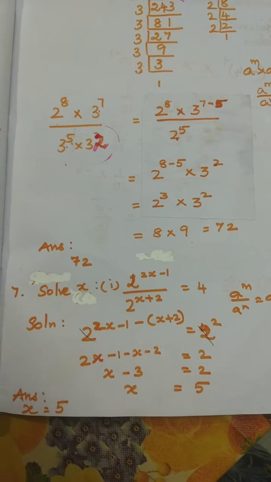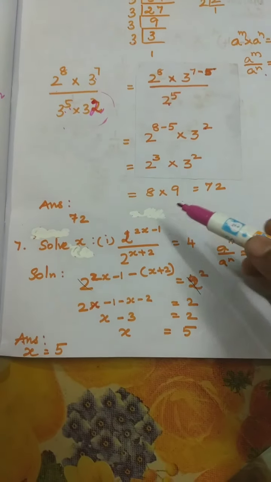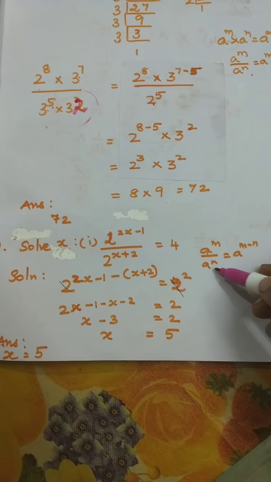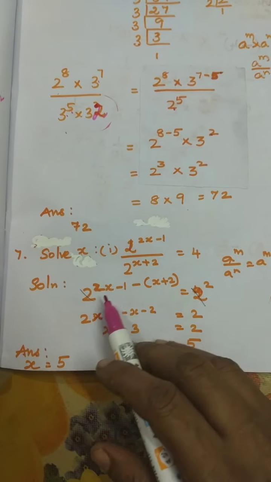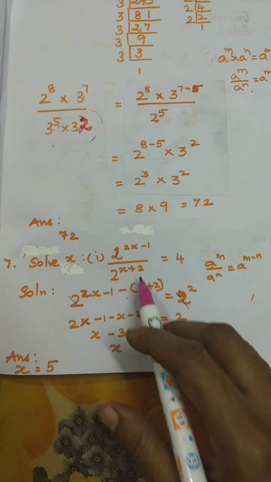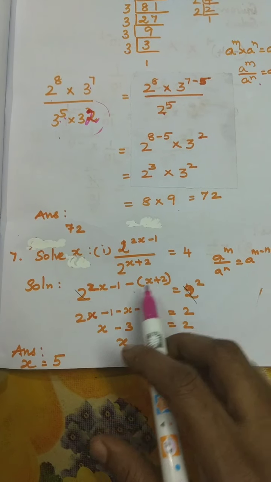Then the 7th problem: solve for x. You have to find the value of x. Here the bases are the same, so you can use this formula: a power m by a power n equals a power m minus n. So 2 power 2x minus 1 minus (x plus 2). You remove the bracket by applying the minus.